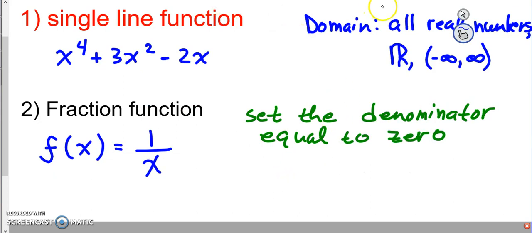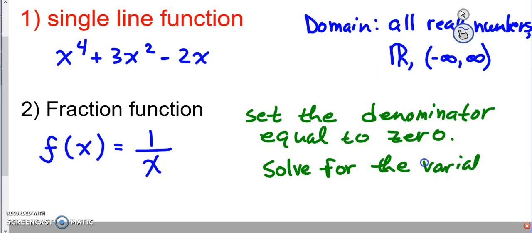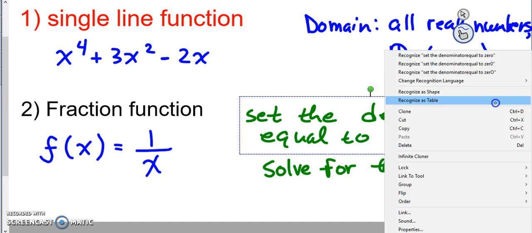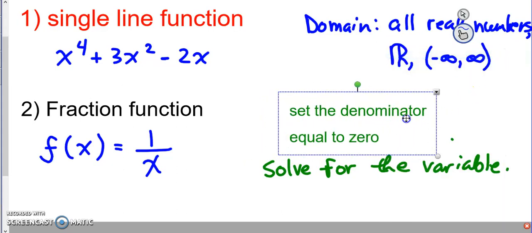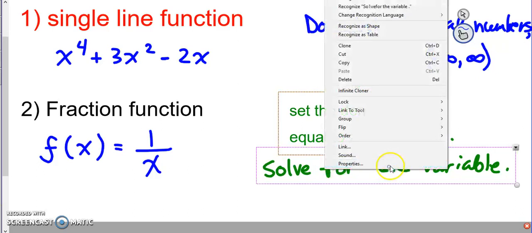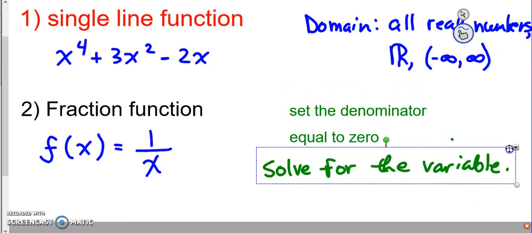So once we set it equal to 0, we solve for the variable.